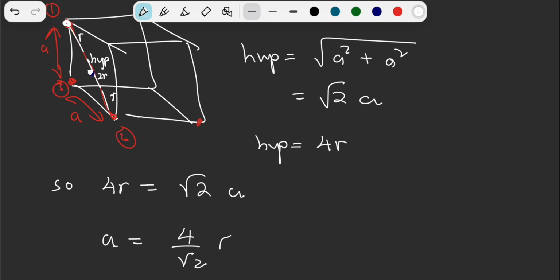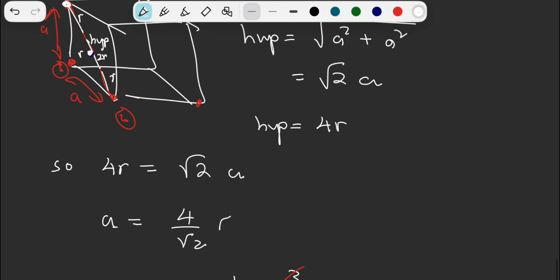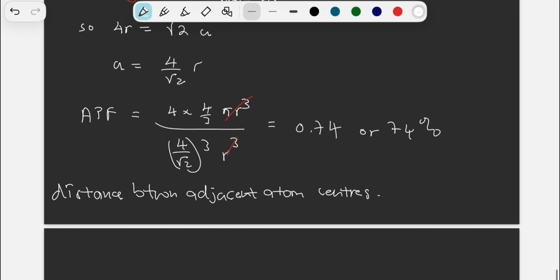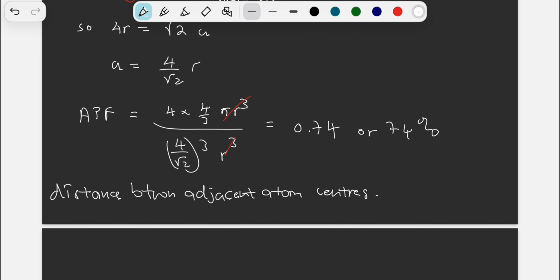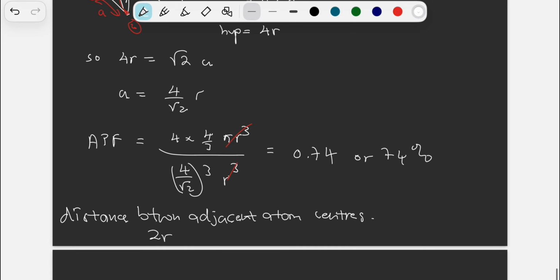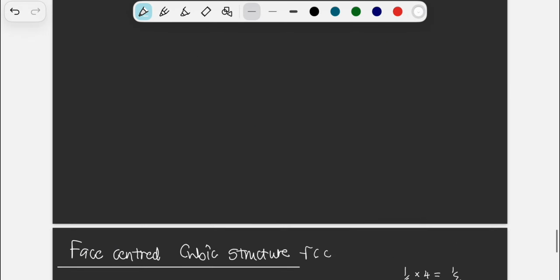The other center was in the middle, which was R. So the distance between the centers of two atoms was basically 2R, which is the distance that I'm going to call DC between adjacent atom centers. So if 4R is equal to root 2A, 2R is equal to root 2 over 2A.